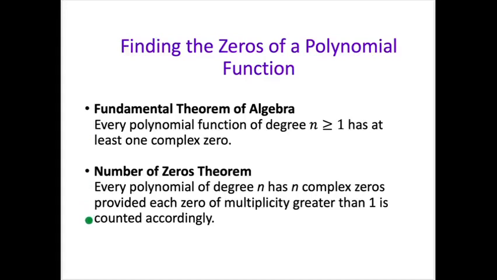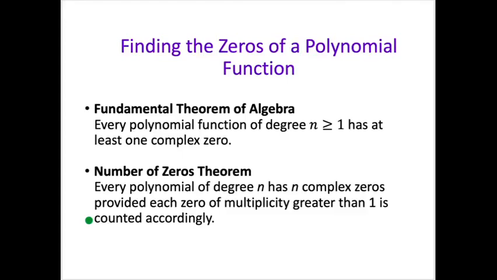Like if a factor, for instance, has a multiplicity of 3, that means, as we already learned, that that zero is not unique. It occurs 3 times, right? The function passes it 3 times.